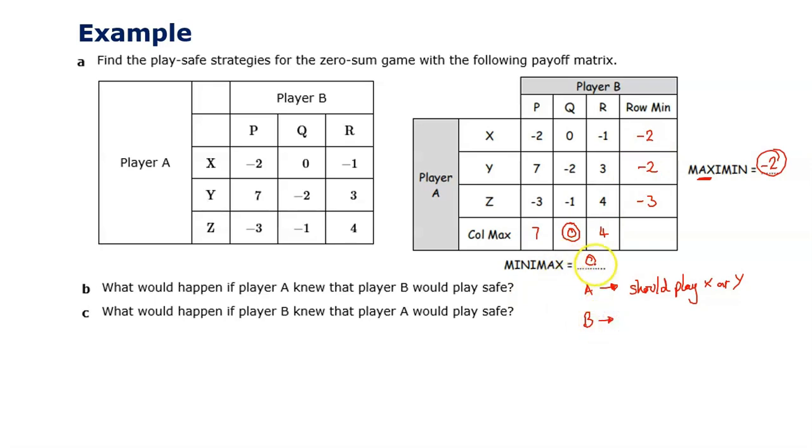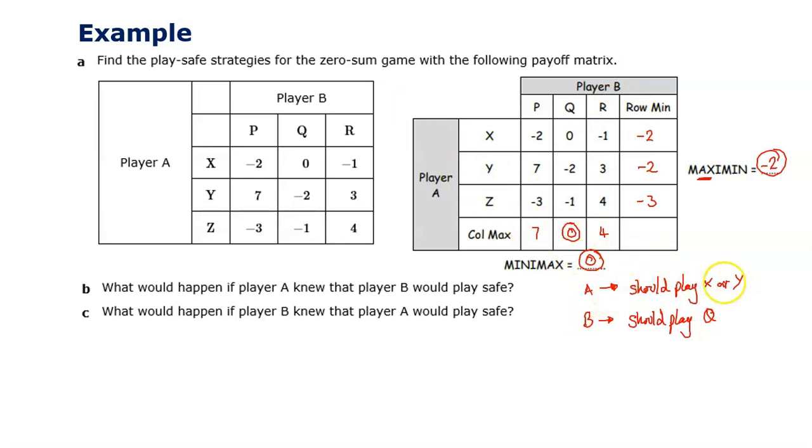Well, B's minimax was 0. So that is in column Q. So B should play Q. Now this is basically what we'd say is a play safe strategy. So these are the play safe strategies of what I've just found.